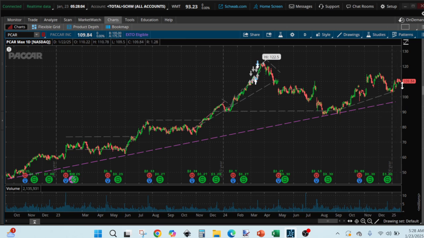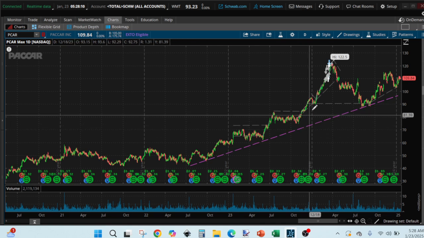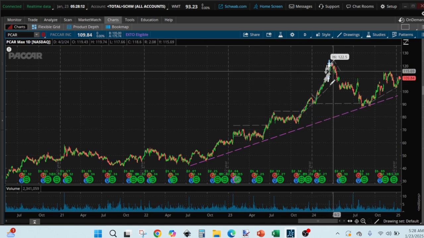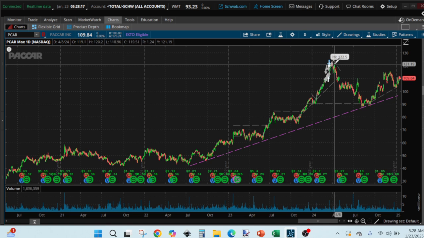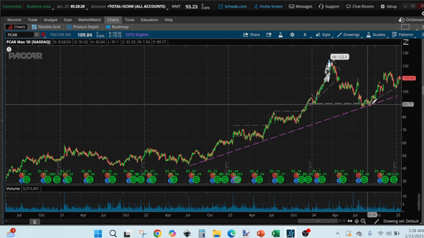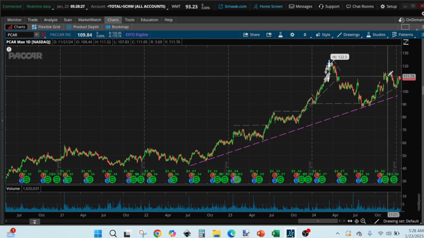Yesterday the price went down, but we were pretty much following a trend line, but as it reached that peak, it didn't continue going up. It pulled back all the way to the trend line and started again.